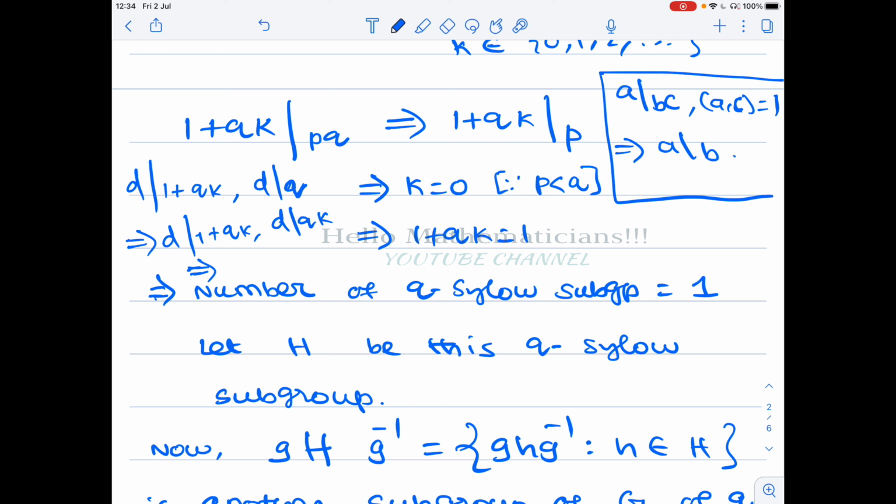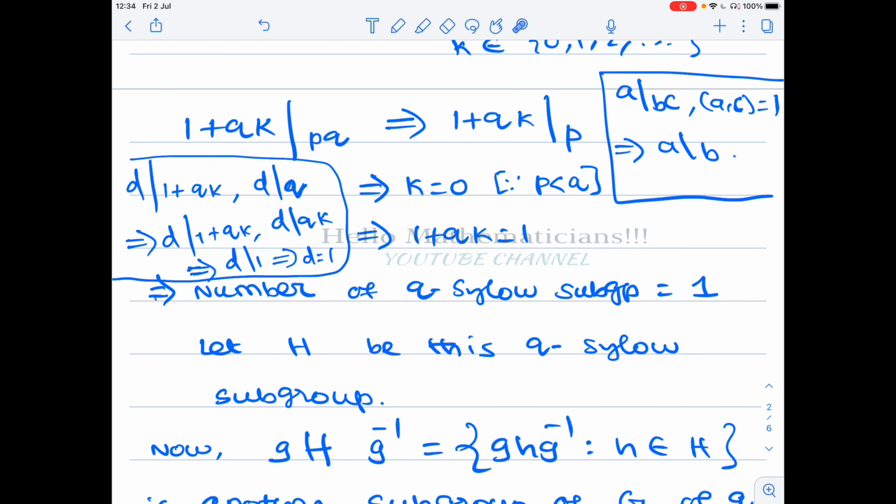The difference of 1 plus qk and qk is 1. But D divides 1 implies D equals 1. Therefore, the only common divisor of 1 plus qk and q is 1, therefore they are relatively prime. So we can use this result to conclude that 1 plus qk divides p.